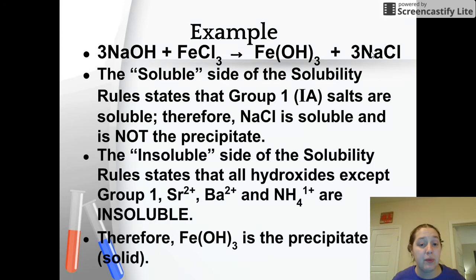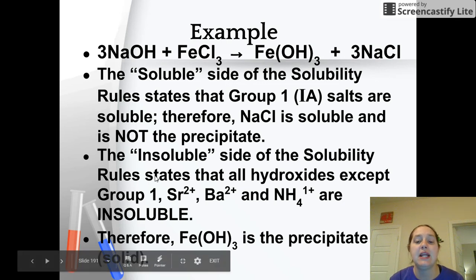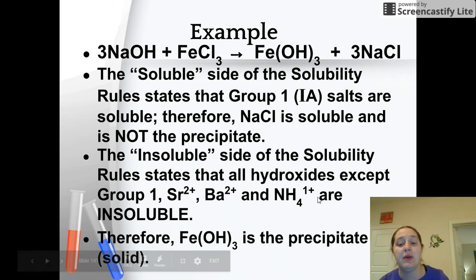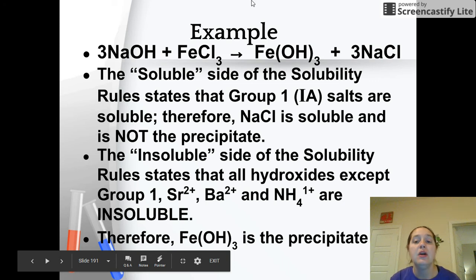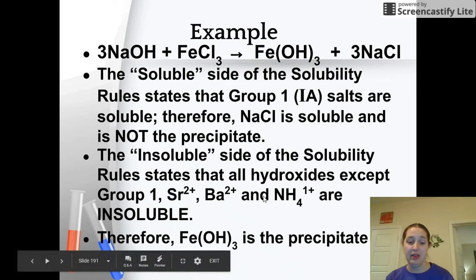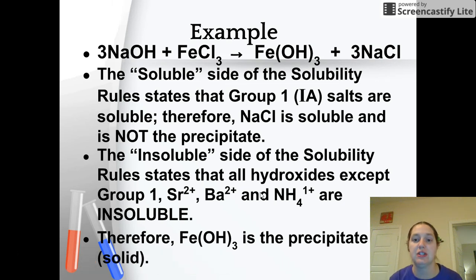But the other rule, on the insoluble side, states that all hydroxides are insoluble, except those that are group 1, strontium +2, barium +2, and ammonium +1. So iron is not any of those exceptions, so it follows the rule that all hydroxides are insoluble. If you're insoluble, you do not dissolve. Therefore, you are a solid. Therefore, it's a precipitate. Therefore, this reaction does occur.